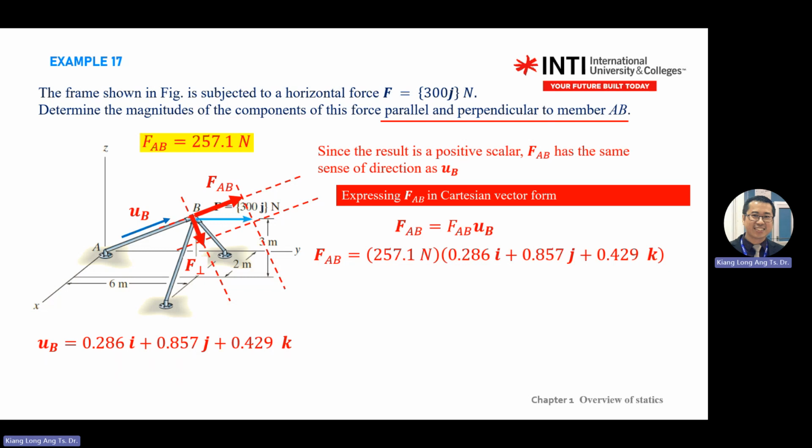So basically 257.1 multiplied by this, this and this, you get the final answer. This gives you the vector representation with magnitude and direction for each component. Now example 17 is basically splitting this individual blue force into two vectors, then you do the multiplication.